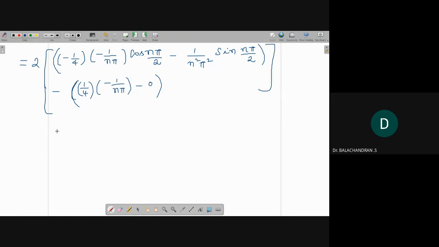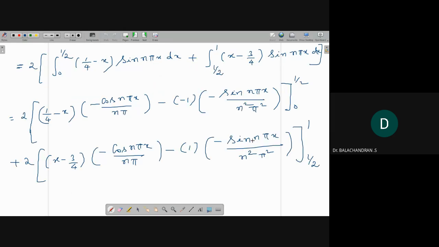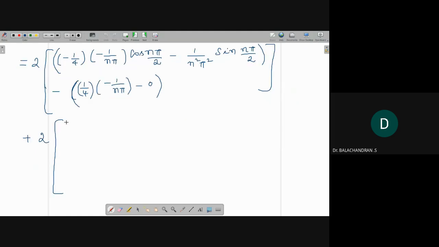Okay, and then plus 2 into, again, when x is equal to 1, 1 minus 3 by 4 is 1 by 4.